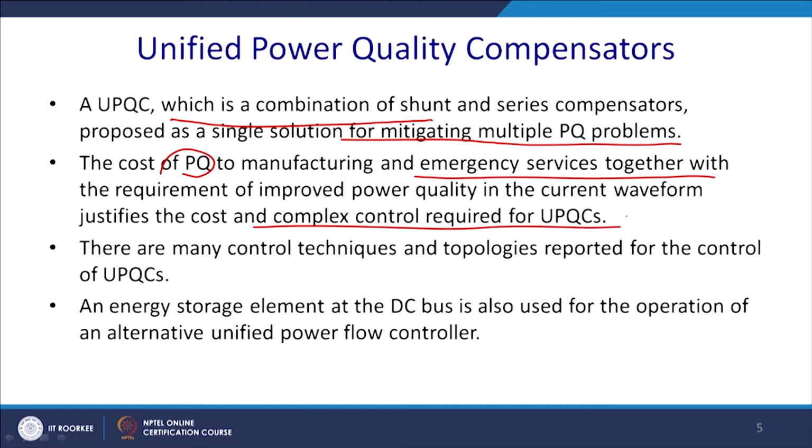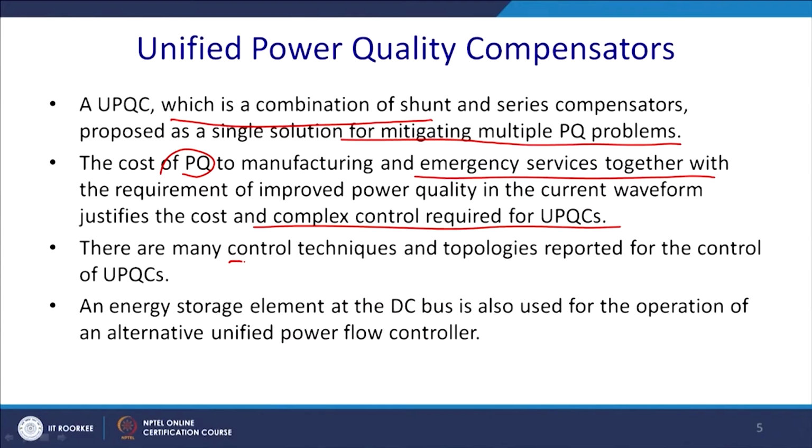However, day by day the cost of these devices is coming down, and for this reason UPQC has huge potential in the present as well as the future. Not only the cost of the devices, but also we have very fast processors, and these two combinations enable us to build effective UPQC solutions.